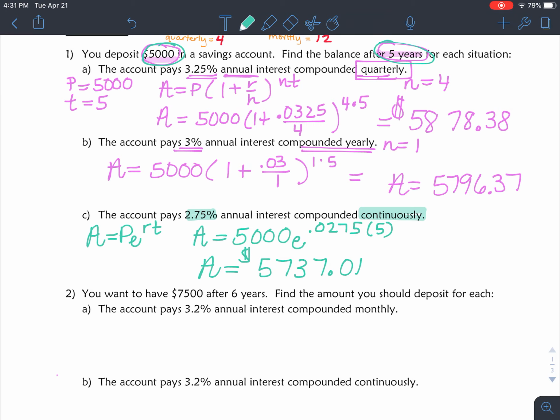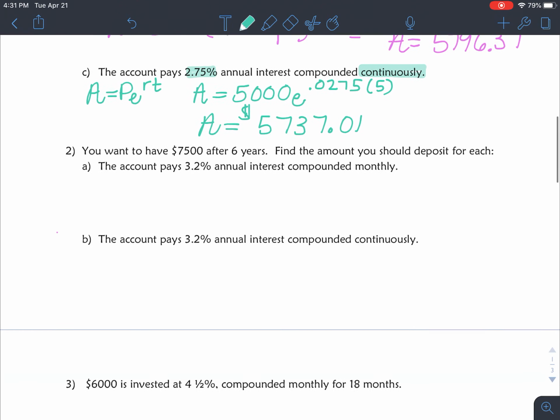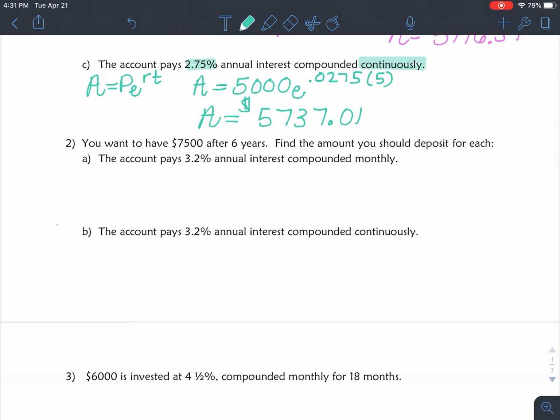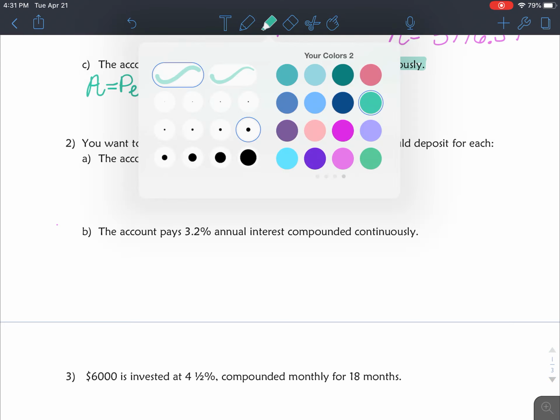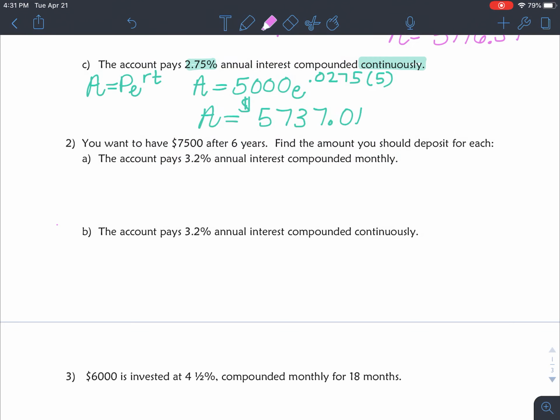All right, continuing on. Same stuff. We are just changing what we are doing. Now read the words. You want to have $7,500 after 6 years. Like let's say you are wanting to save to buy a car and you want to have $7,500 after 6 years to purchase it.